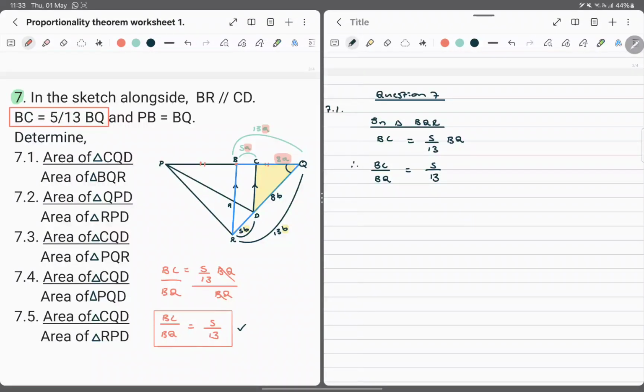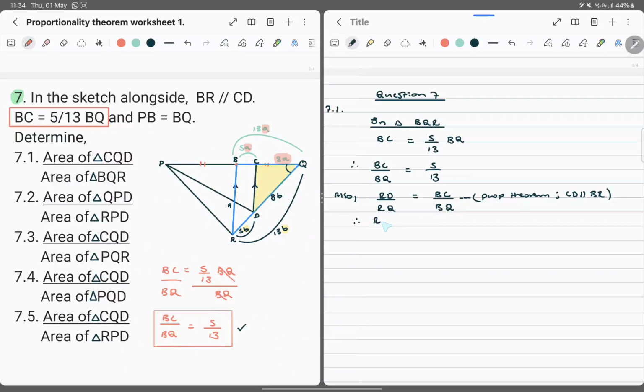Now we will say also, we understand that RD over RQ should be equal to BC over BQ. This is where the proportionality theorem comes in. We need to state CD is parallel to BR. Remember, we're still talking about this triangle, so at this point we don't need to specify what we're talking about. We know that BC over BQ is the same.